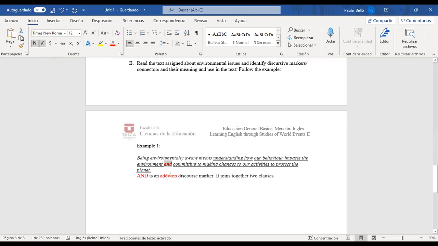And is an addition discourse marker. Yes, addition. It joins together two clauses, ¿sí? Une dos cláusulas y adiciona, suma una cosa más, ¿sí? Convirtiendo esta oración en una oración, en vez de simple, compuesta. Yes?